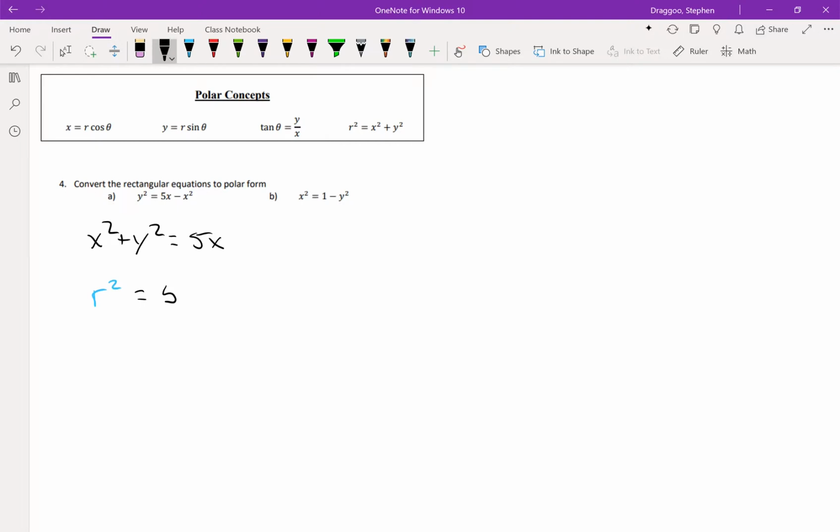On the other side, if I have just x by itself, that should be r times cosine theta. And I'd probably be fine to leave the equation here, but I'm going to simplify this one step further since I have an r on each side and just reduce to say that r is equal to 5 cosine theta.